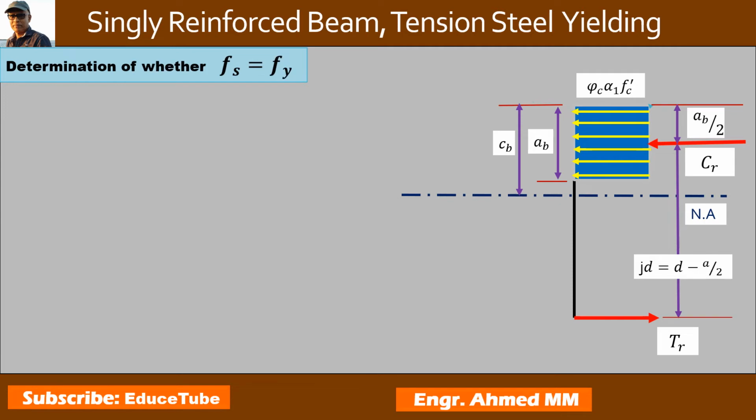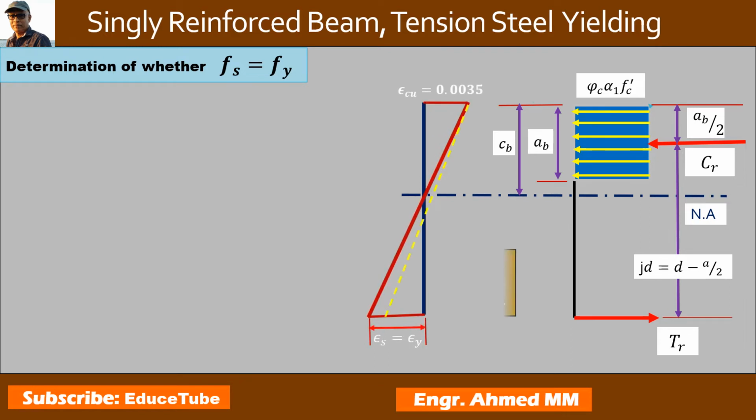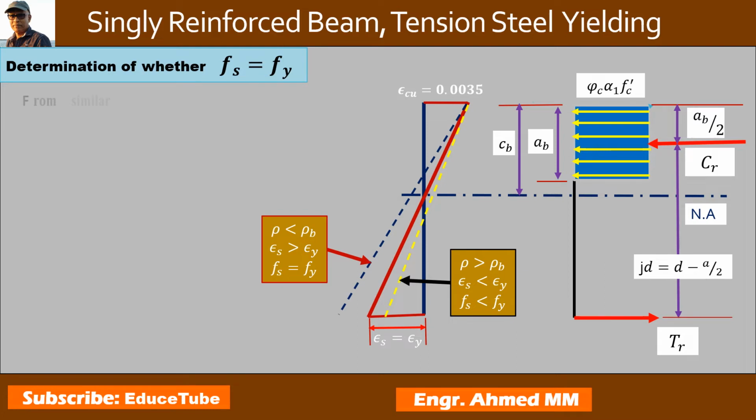As I said, determination of whether Fs equals Fy. So what to do? Here it is a strain diagram. The balance condition we can see here. This is the balance condition.